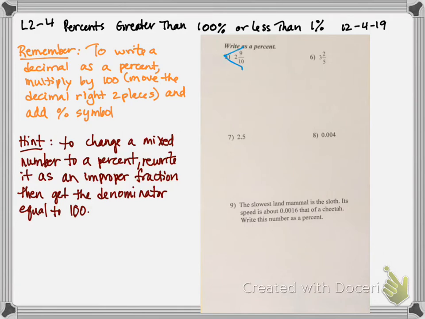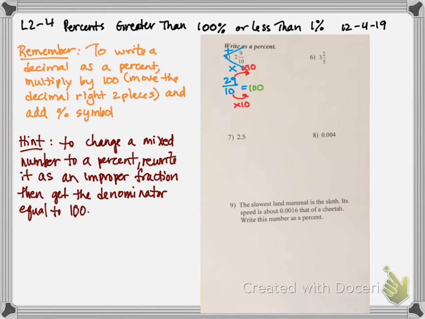So we're going to multiply 10 times 2 is 20, and then we're going to add the numerator. So we get 29 tenths. Okay, now we're going to go ahead and try to get that denominator to equal 100. And whatever we do to the denominator to get to 100, multiply by 10, we're going to do the same thing to the numerator.